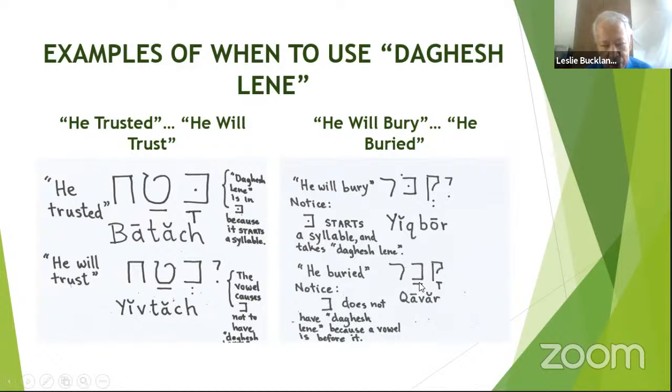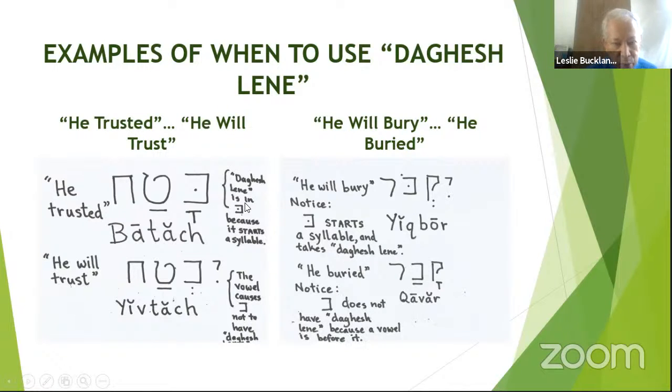This is the last syllable in the word kavar. And even though it starts a syllable in the middle of a word, since there is a vowel immediately before the vase, you can't put the Dagesh Lenny in. So notice, vase does not have Dagesh Lenny because a vowel is before it.